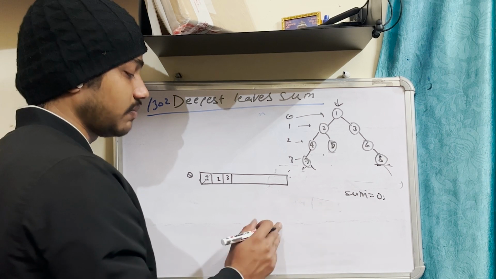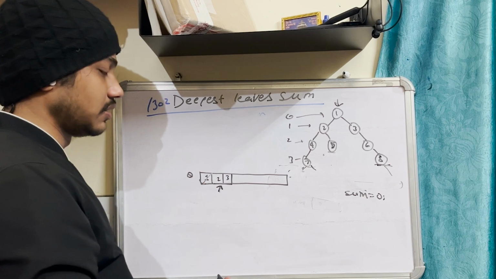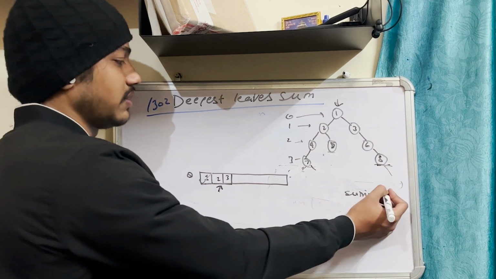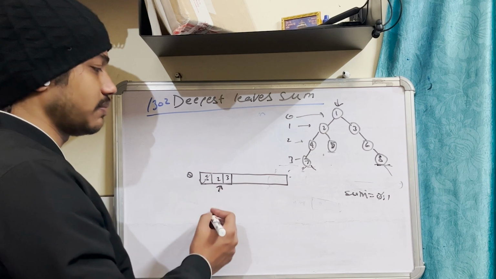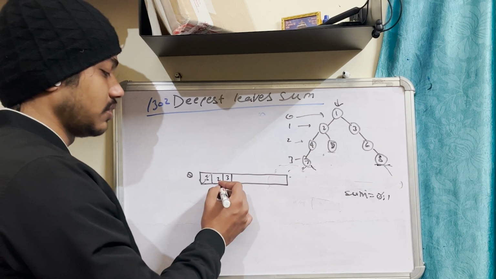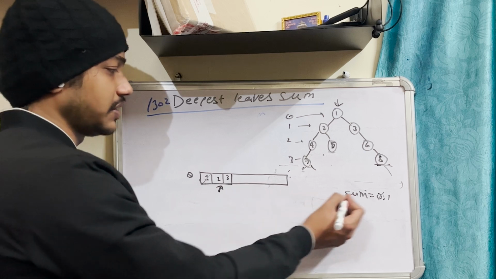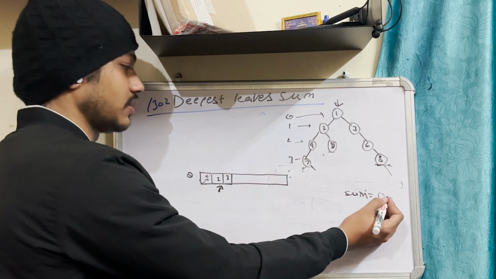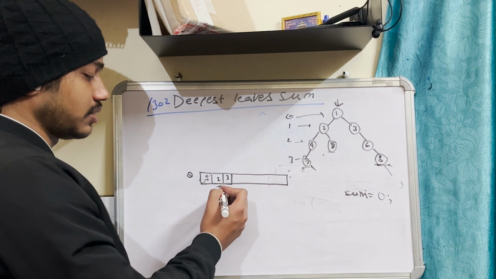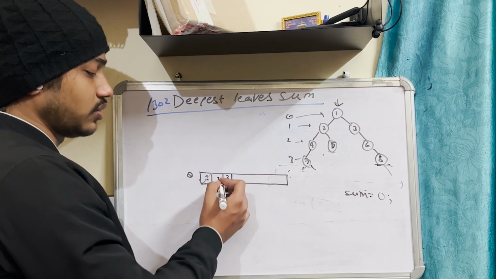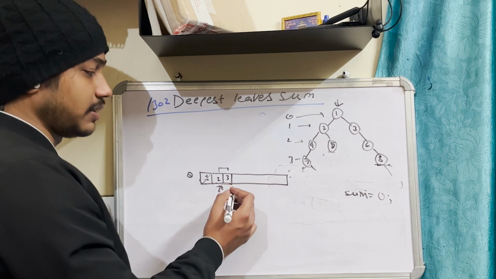Rather than using a temp variable, I don't think we need it basically. And if we popped it out and pushed new nodes, we initialize sum again with 0. So if we put its children, we know there are two elements.